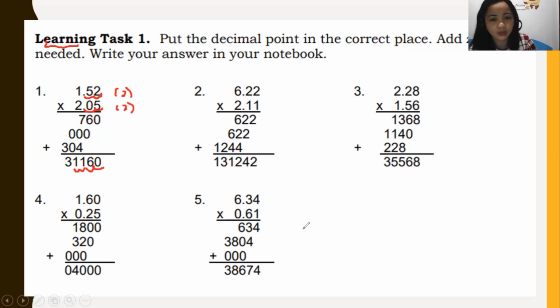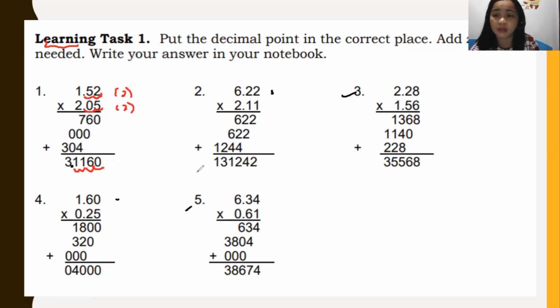So dapat na andun ang ating decimal point. Ilagay natin. So that is the answer for number 1. 3 and 1,160 10,000s.